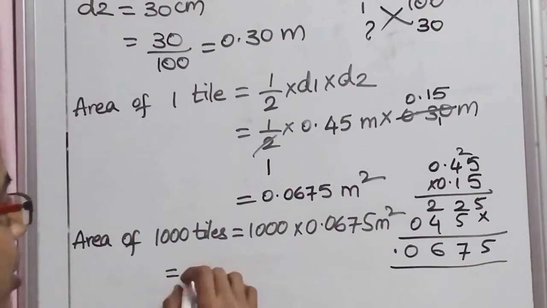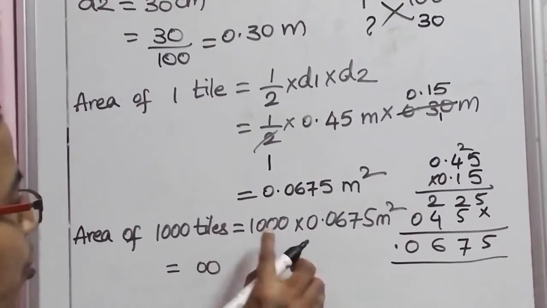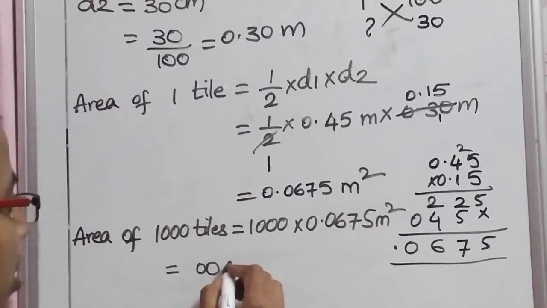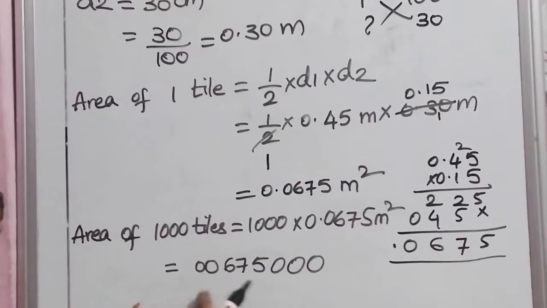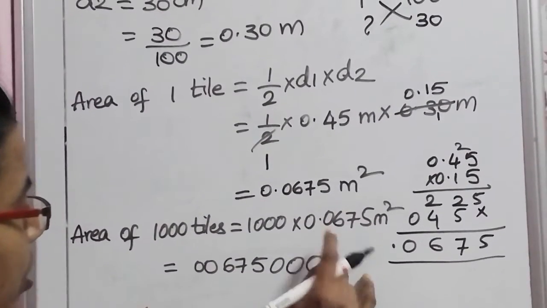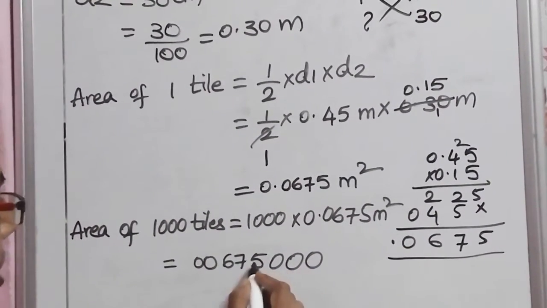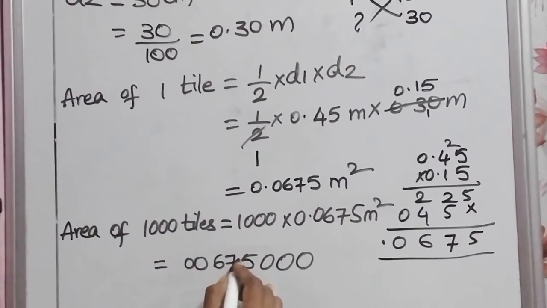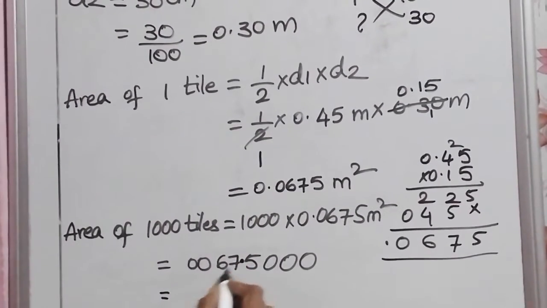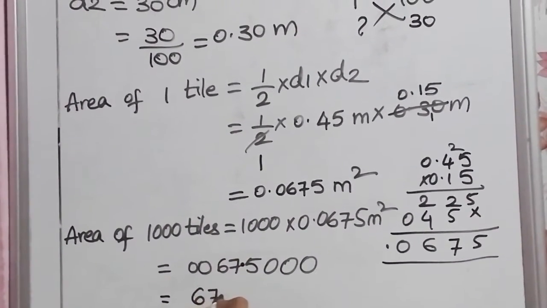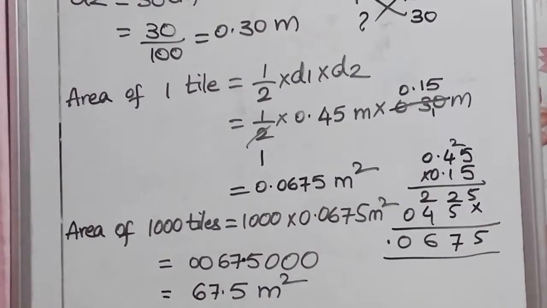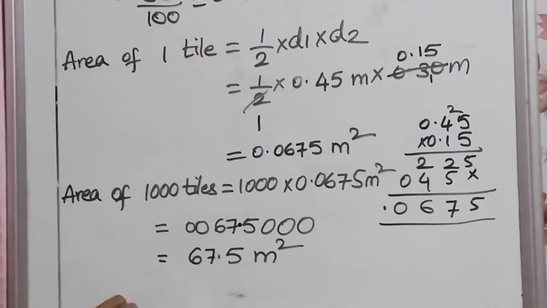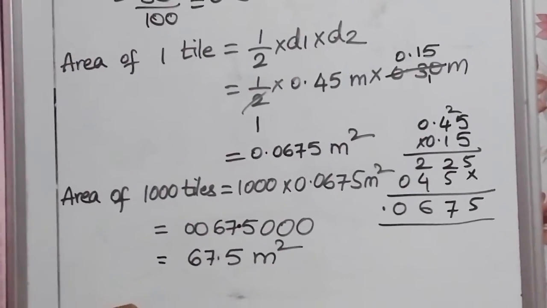When you multiply these two, you should add these 3 zeros to the end. 675 and then 3 zeros you have added. Now count 4 digits and keep a point. 1, 2, 3, 4. Here you got a point. So this is nothing but 67.5 square meters.